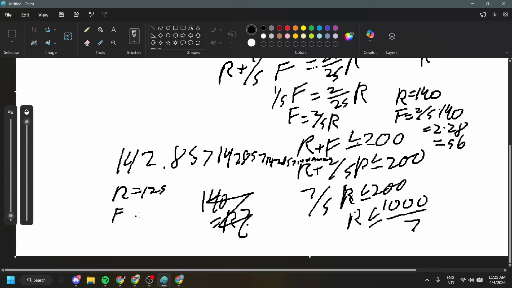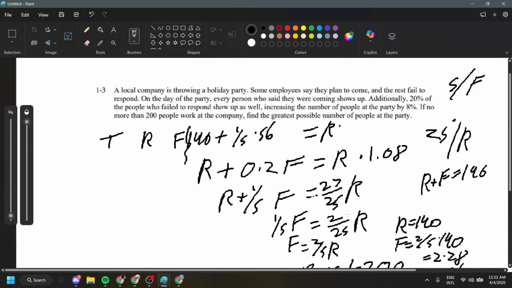Does that mean that F is equal to 2/5 times 125, which is equal to, what's a fifth of 125? 25, so 50. Okay, so we say 125 plus 1/5 times 50 is equal to 125 times 27 over 25.